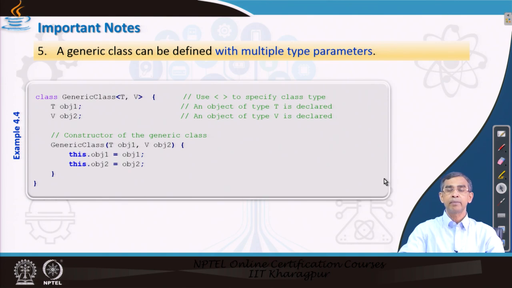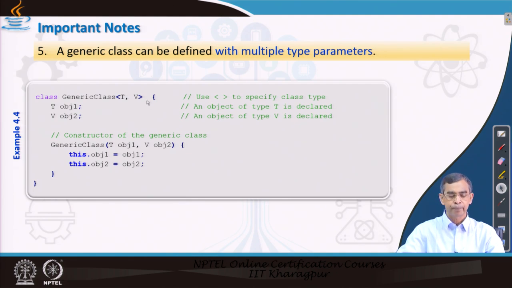So, we have learned the same way of extending the concept for more than one type parameter. The same concept can be extended to 2, 3, 4, any number of types. Here the list of types should be mentioned separated by commas, like T, comma, U, comma, V, comma, W, any types, any numbers.